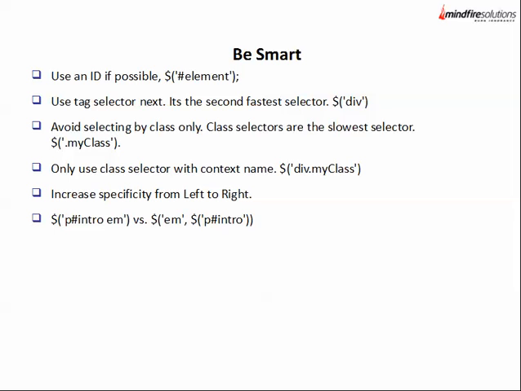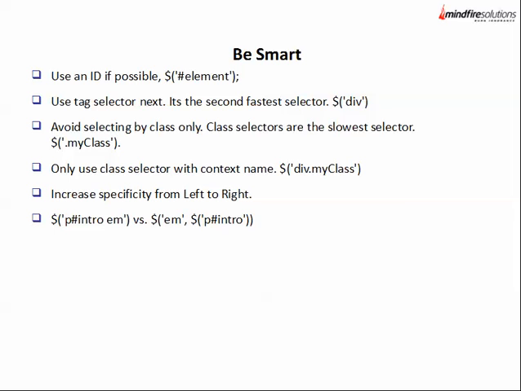So the second selector is the tag selector. Tag means mentioning tr, td, all these HTML tags. And the third selector is the class selector. When you use the class selector, you use the context.